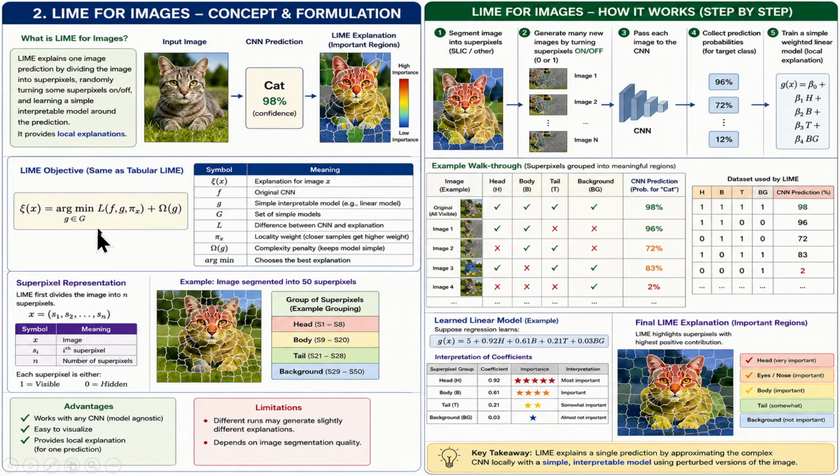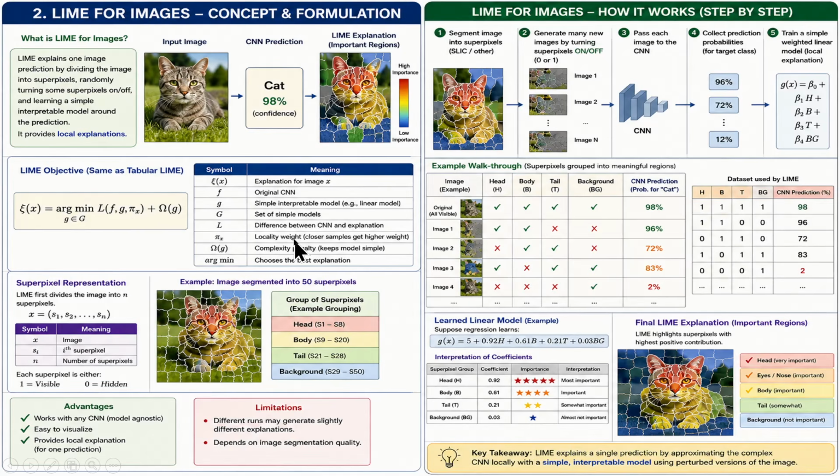The same formula, same as tabular LIME. It is trying to minimize the loss. Loss with respect to f, which is the complicated model or the black box model. g is the simple model. And then you measure the loss of that.